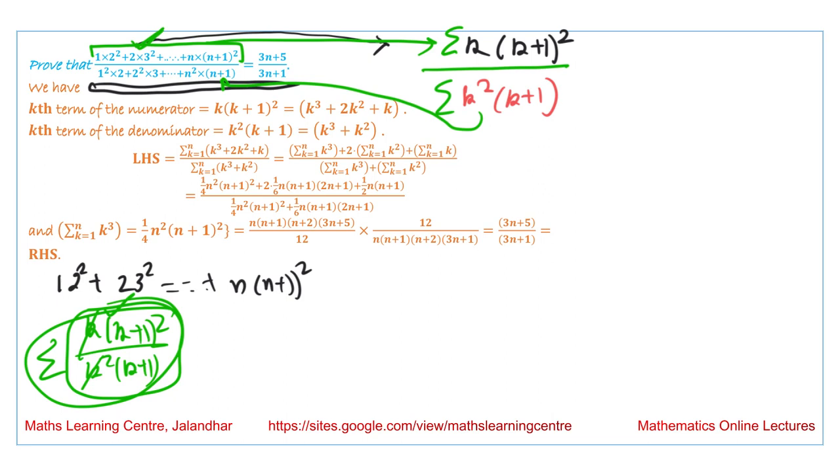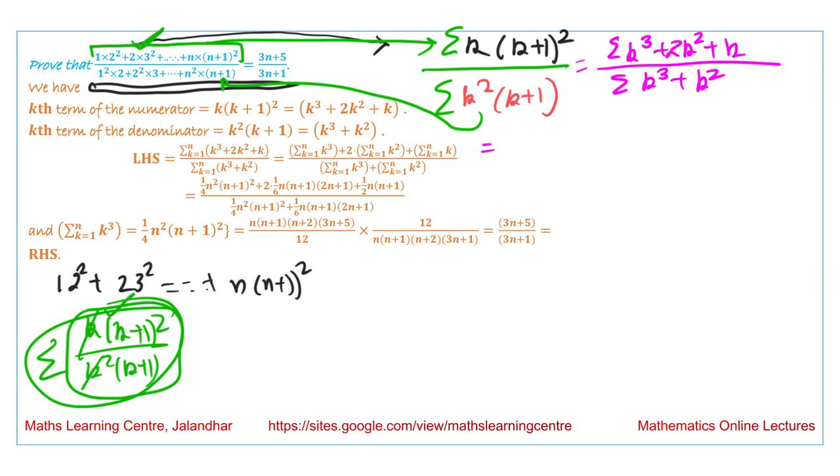If you solve this, you will get the sum of k cube plus 2k square plus k, divided by the sum of k cube plus k square.